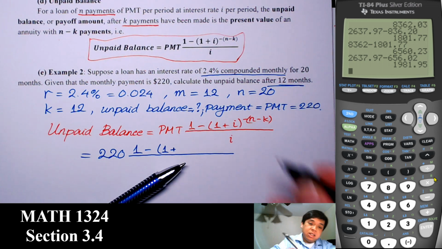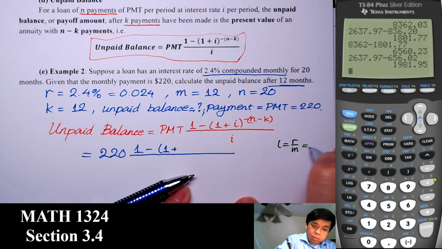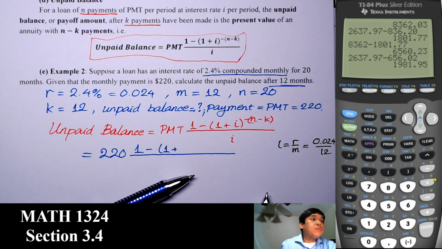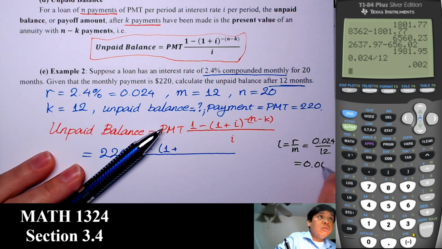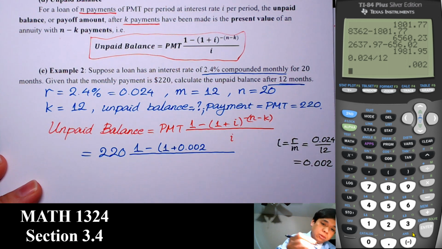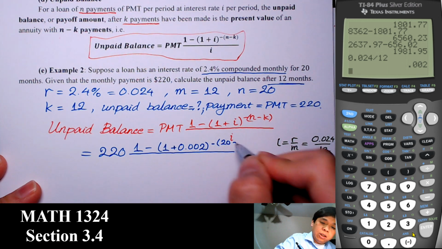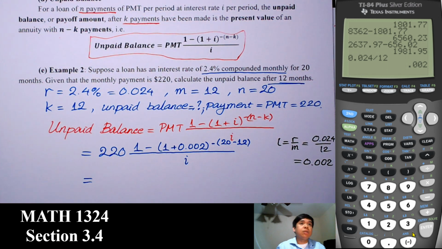We haven't calculated that yet. So 0.024 divided by 12, you have 0.002, to the negative n of 20 minus 12, over i.